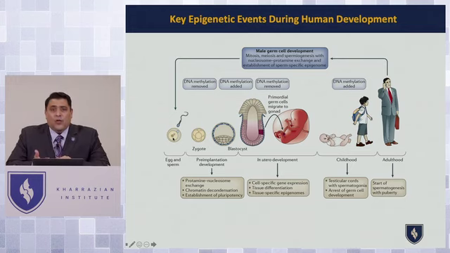Now, for a fetus, the eggs that they're going to have throughout the rest of their lifespan are going to be impacted by the health of the mother during pregnancy.